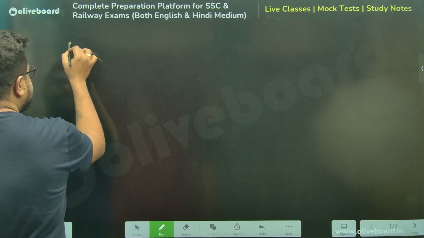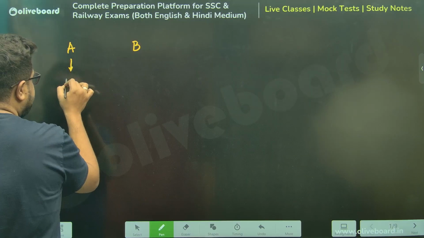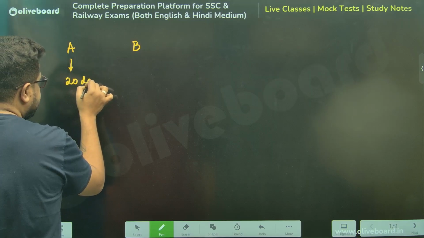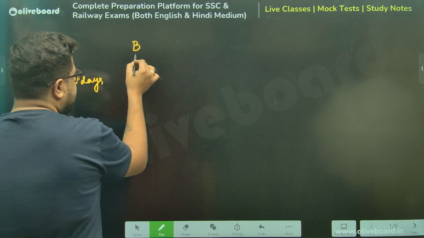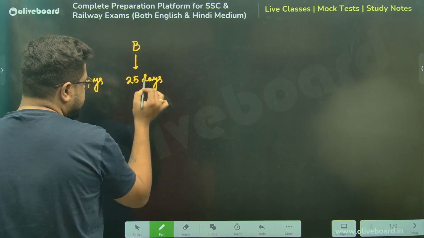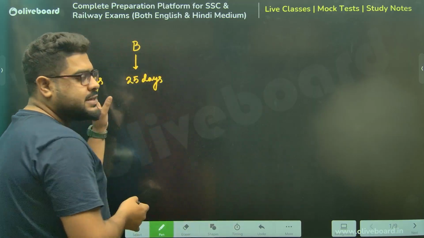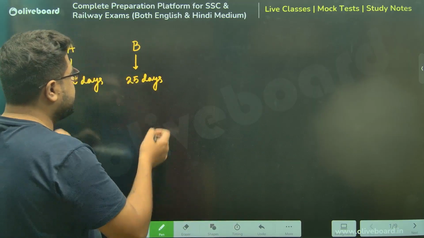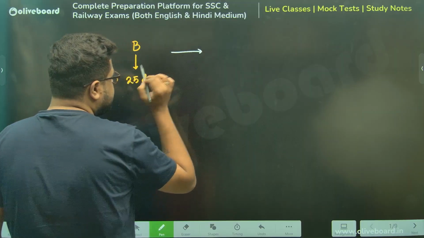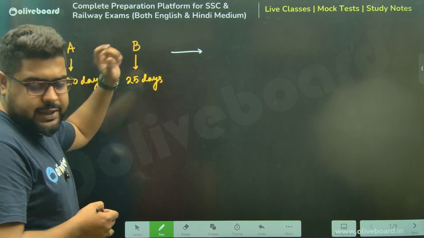Let's say there are two persons, A and B. A can complete a particular task in 20 days and B can complete the same task in 25 days. Now the question says they have decided that they will do this task on an alternate basis. They will not do this together.